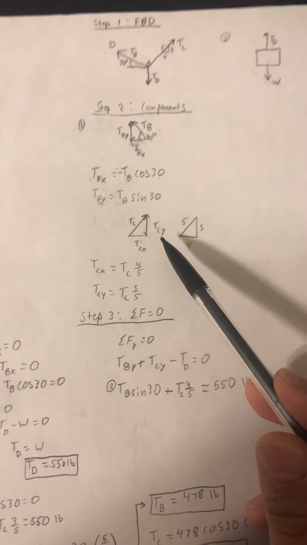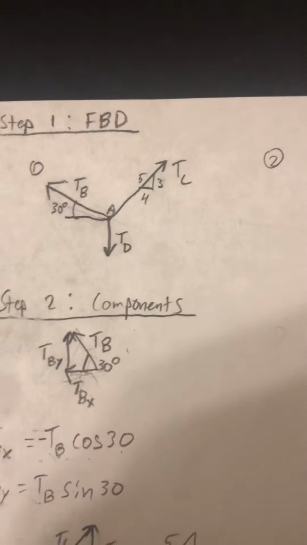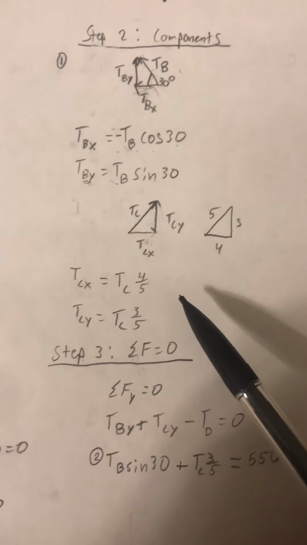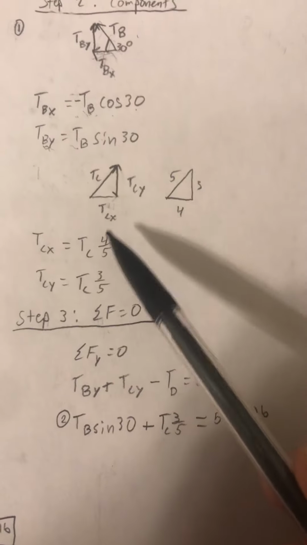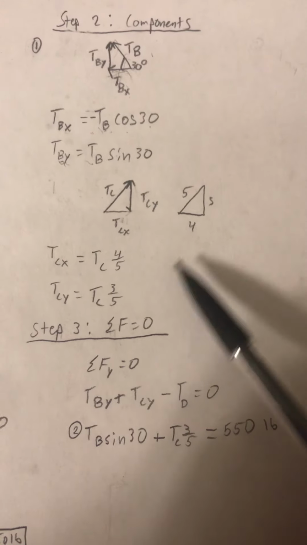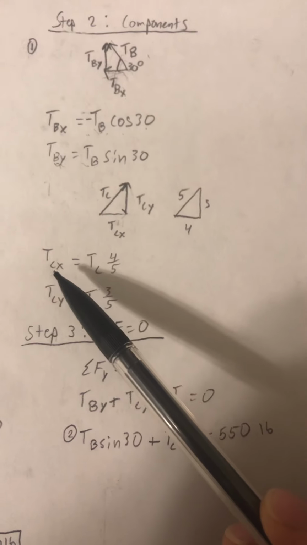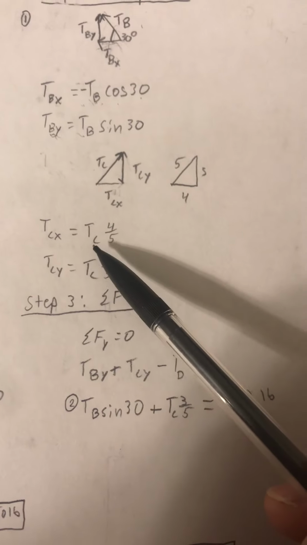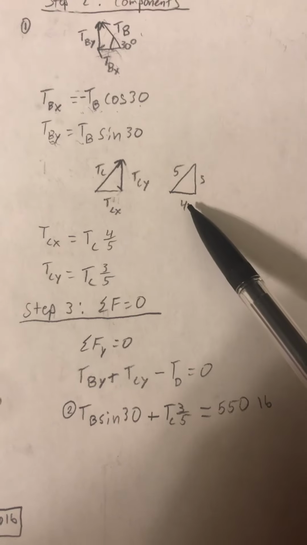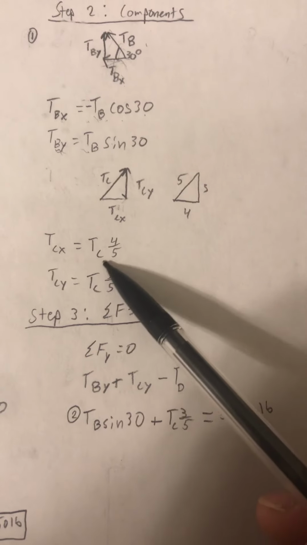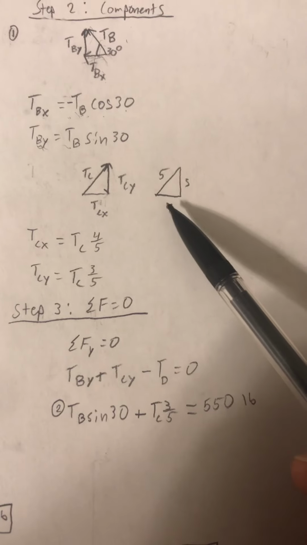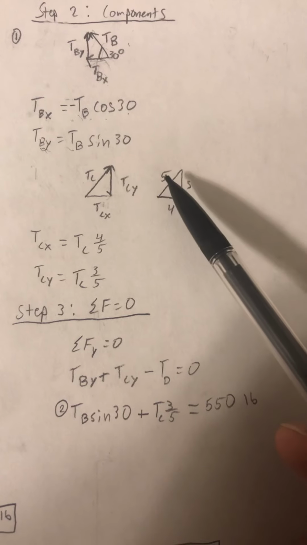On this one, it doesn't give you an angle, but it gives you a reference triangle so that you can use that. So instead of using sine and cosine, you're going to use this. I put TCX equals TC times 4/5, because that's what cosine would usually be, this over that.